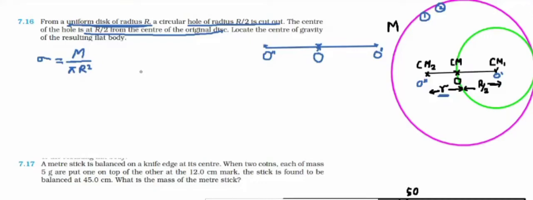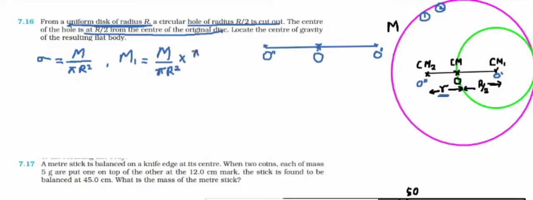Now let's calculate the area of the small disk. The mass of the small disk, which I will call M1, is equal to mass per unit area, that is M divided by pi r square, into its area. Its area is how much?